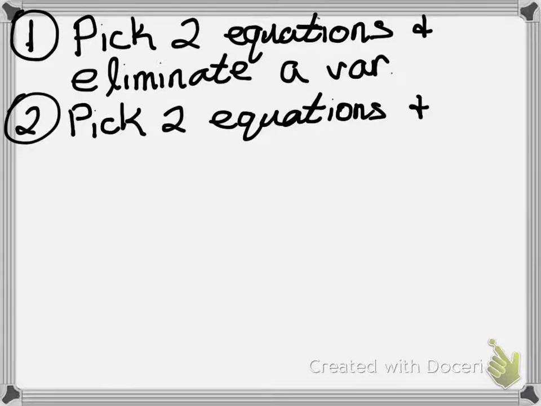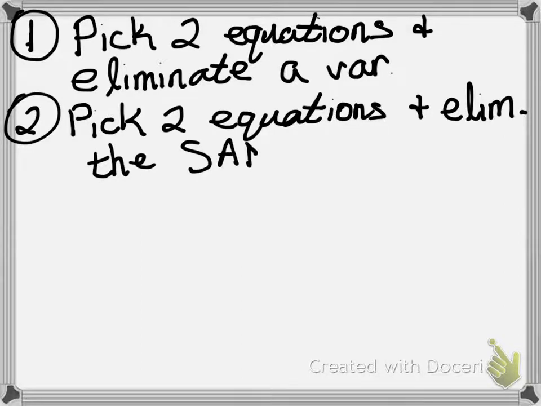And you're going to eliminate the same variable. And that's the important part. You have to eliminate the exact same one as you did in step 1. So, kind of confusing right here, but it'll make sense once we get to an example.